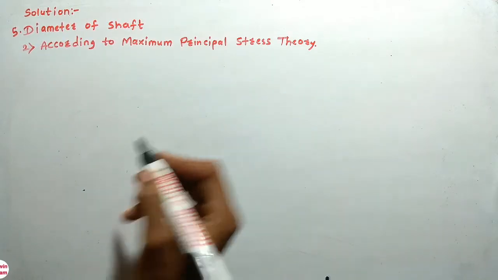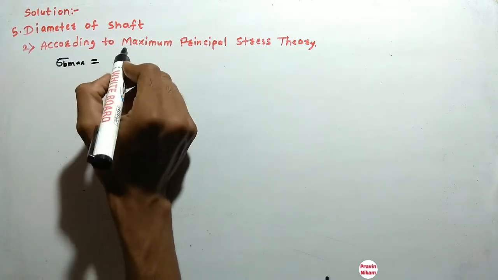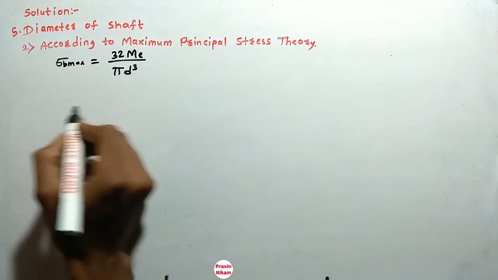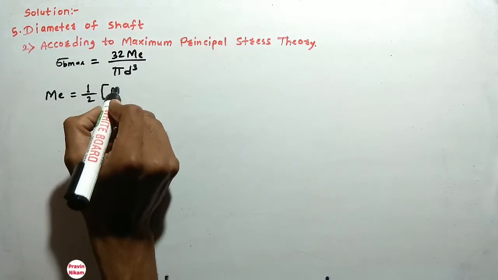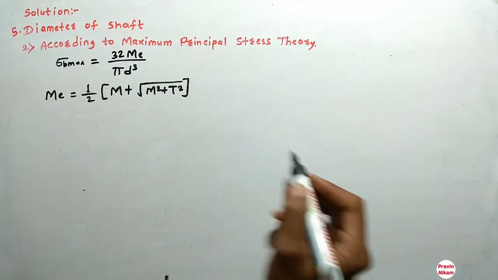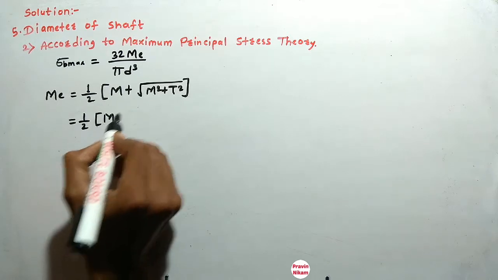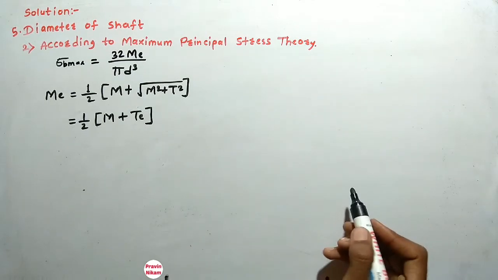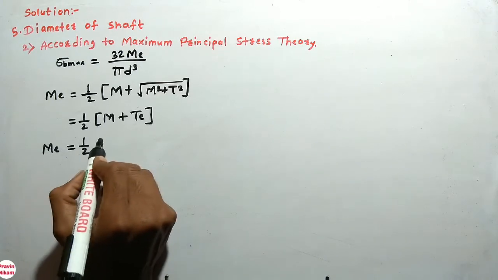We know that according to maximum principal stress theory, sigma_b max is equal to 32 M_e divided by pi d cube. So M_e is equal to 1 divided by 2 into bracket M plus root of M square plus T square. So this is the equivalent bending moment. Now we know from the previous step that M plus root of M square plus T square is nothing but the equivalent twisting moment T_e.